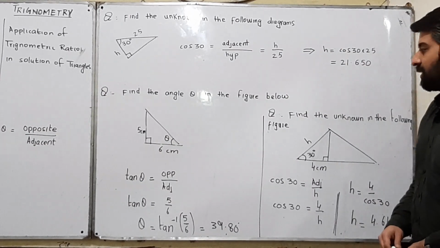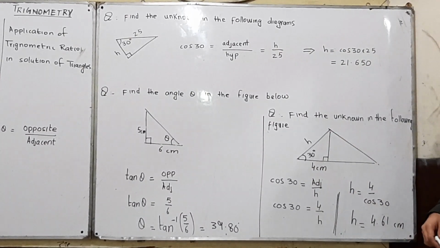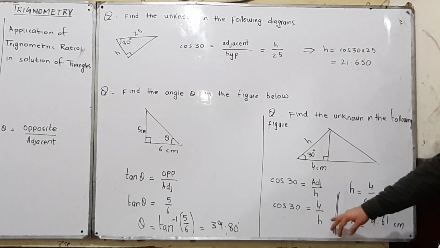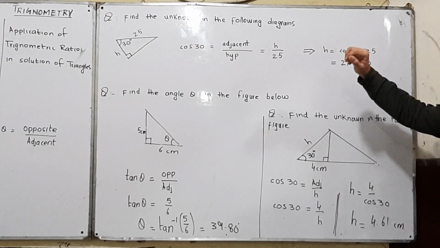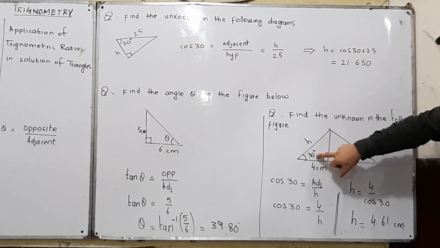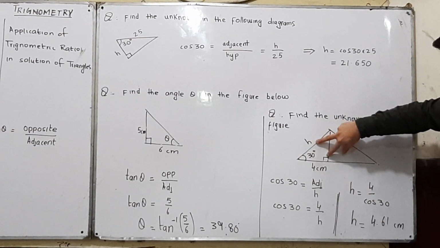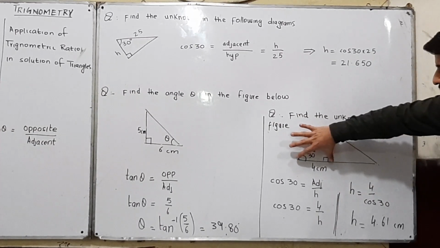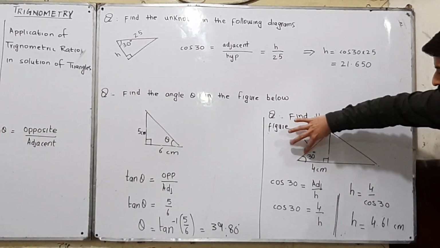And the last type of problem is to find the hypotenuse. In this diagram, this is a right angle triangle, this is 30. You need to find the side opposite to the right angle, which is called the hypotenuse. So, cos 30 is adjacent over hypotenuse.